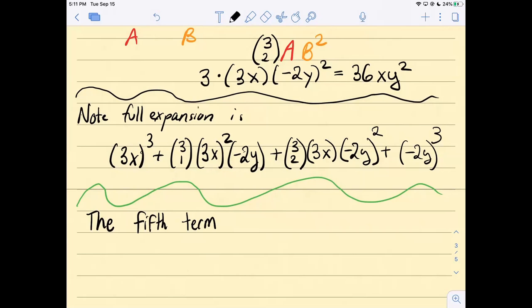I think Lacha mentioned this. So the fifth term in the expansion of 2a squared minus 3b, to the 7th.